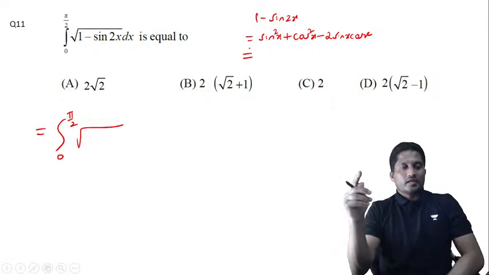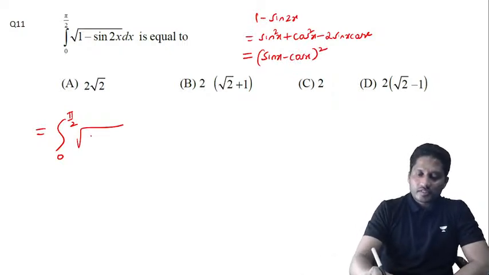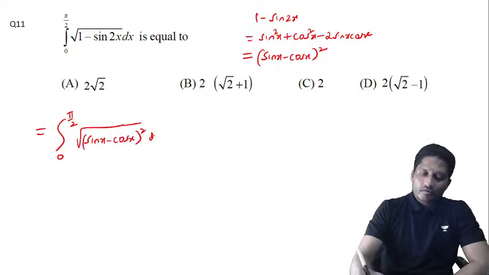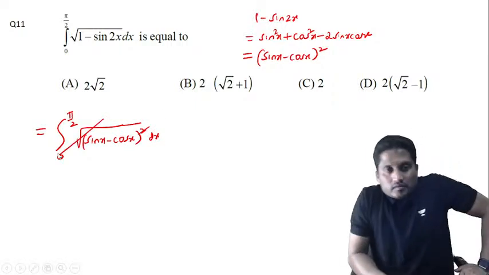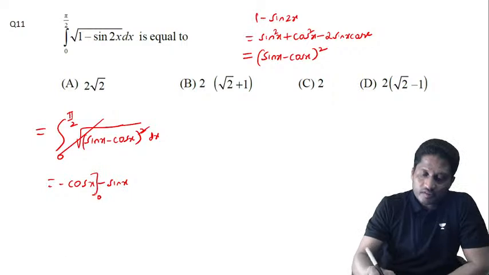This is a square plus b square plus 2ab. So this is sine minus cos the whole square. Okay, so this fellow is sine x minus cos x the whole square dx. Now root and square cancels. Right, integration of sine is minus cos. Integration of minus cos is minus sine. Between the limits 0 to pi by 2.